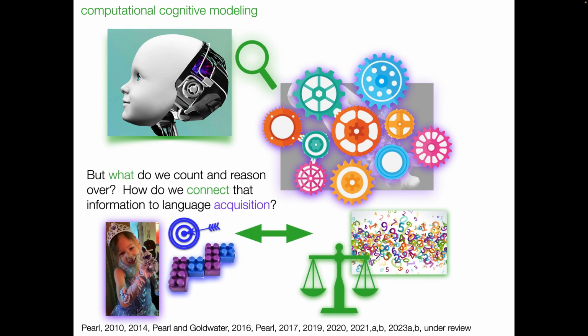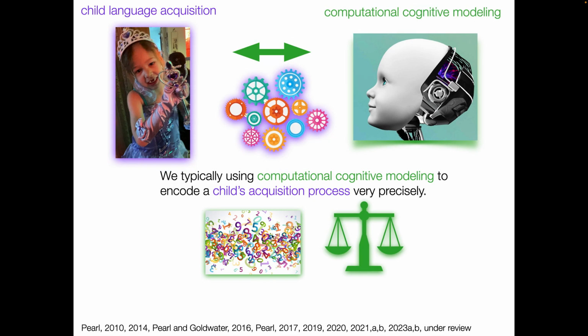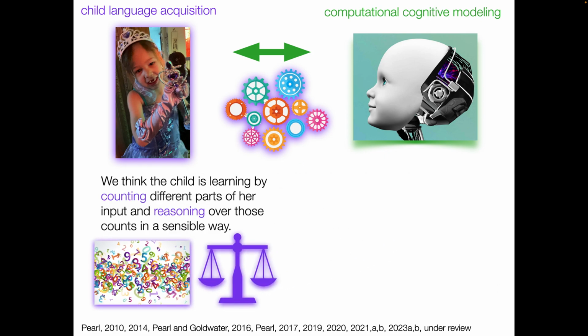So, okay, we have those two pieces, but what do we count and reason over? How do we connect that information to the actual language acquisition process that we're interested in? We typically use computational cognitive modeling to encode a child's acquisition process very precisely, right? Just as a reminder, we often think the child is learning by counting different parts of her input and reasoning over those counts in a sensible way.